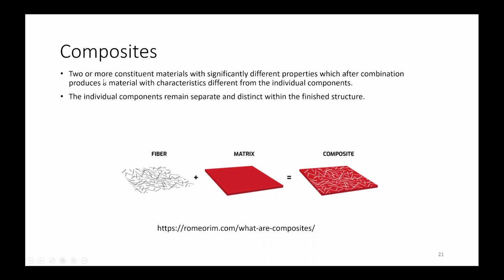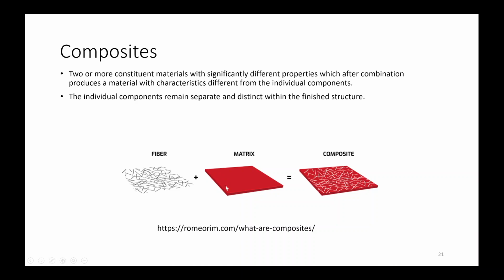Composites are made when two or more constituent materials with significantly different properties are combined, producing a material with characteristics different from the individual components. Now the individual components remain separate, so there will be some physical boundary between them and they'll be distinct within the finished structure. So for example, these are fibers and this is the matrix. Matrix is the continuous material that will be there.